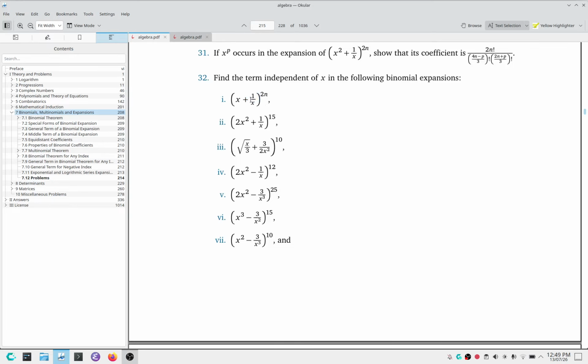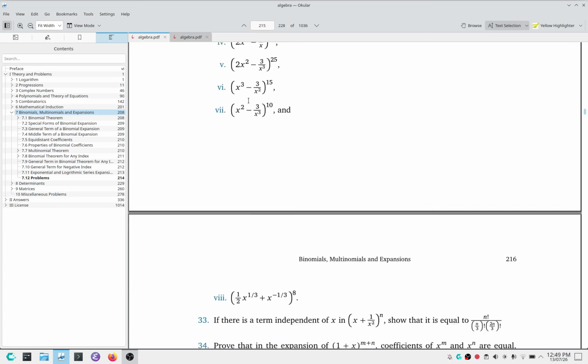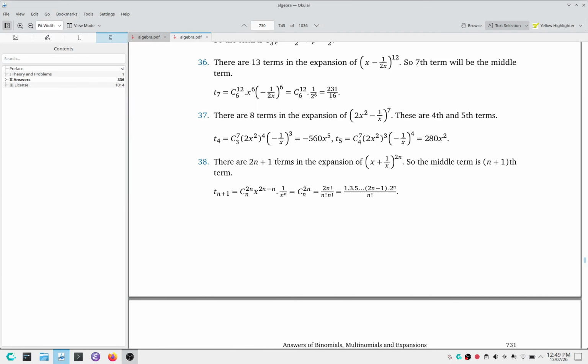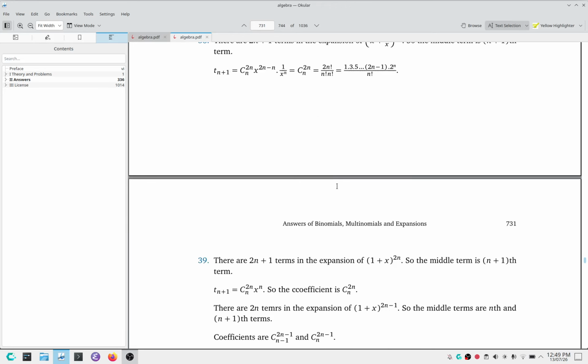If you remember this particular expansion, it is the same as this one, right? So the power is 2n. The number of terms will be 2n plus 1. So the middle term will be the n plus 1th term, and that will be independent of x. And that is 2n factorial divided by n factorial times n factorial, which is equal to the given expression.